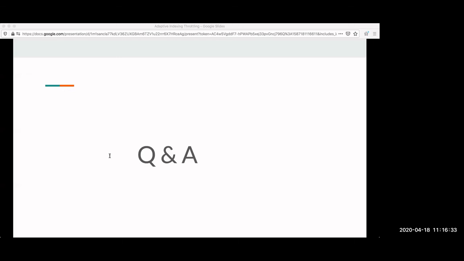Cool. So there is one last question which basically says have you tried using an ML model to come up with the throttle rate? At this point we haven't experimented with an ML model, but potentially yes, we should look at it. We went from a very simple rudimentary empirical mathematical model to a little more sophisticated algorithm like TCP Vegas.